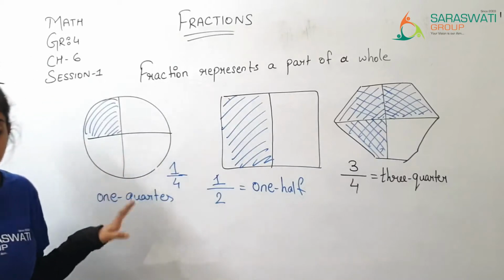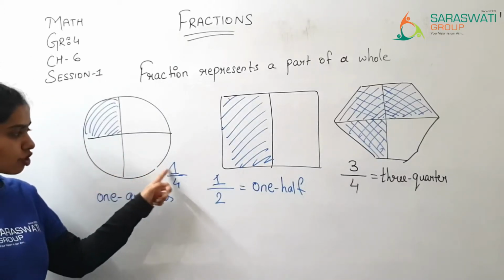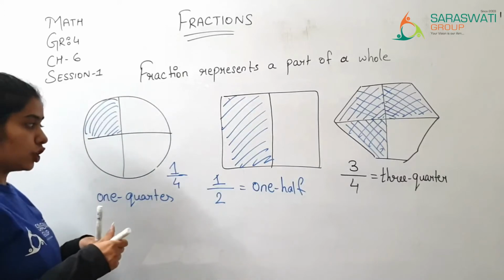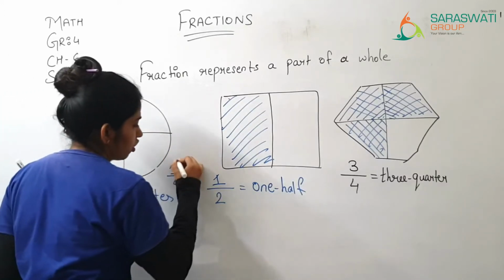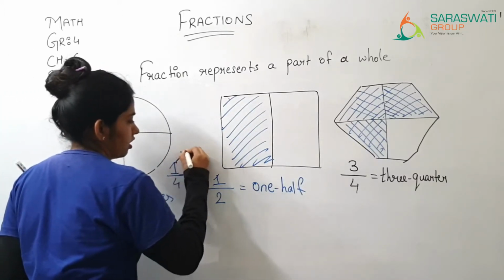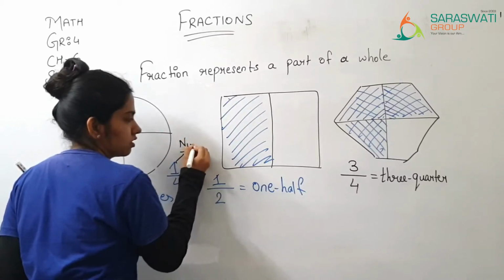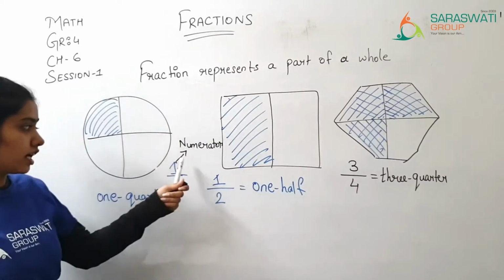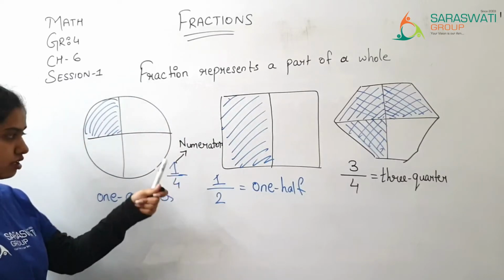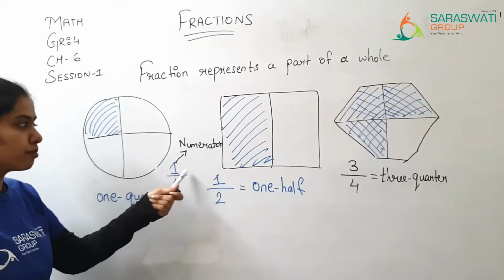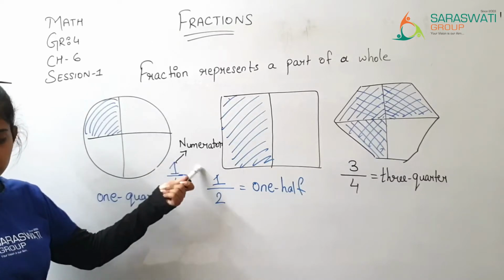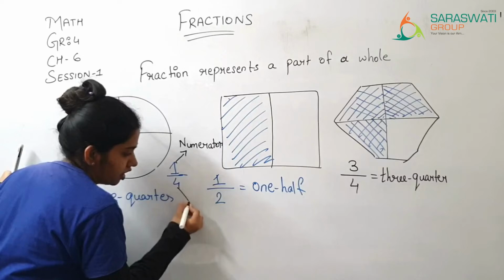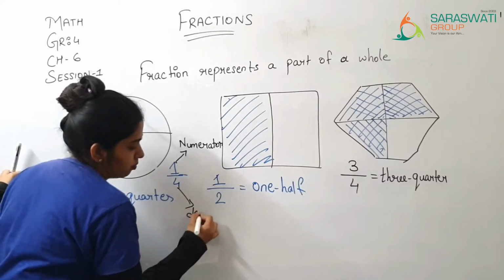Now, in a fraction, the top number is known as the numerator. જે top number છે fraction માં top and bottom, જે top number that is known as numerator and the number at the bottom is known as denominator.